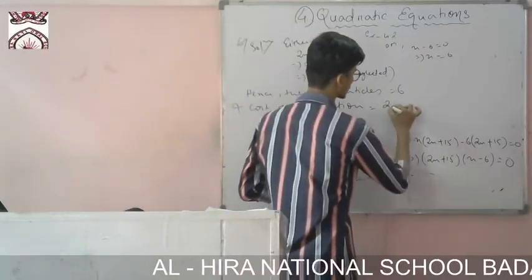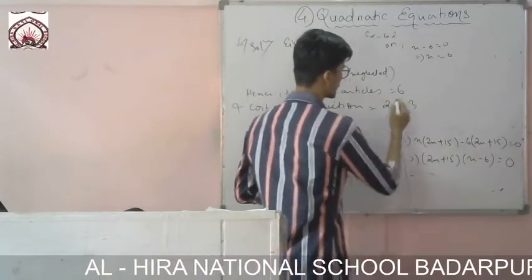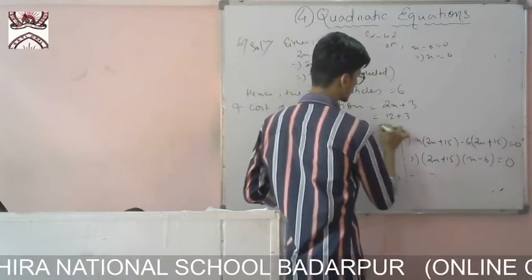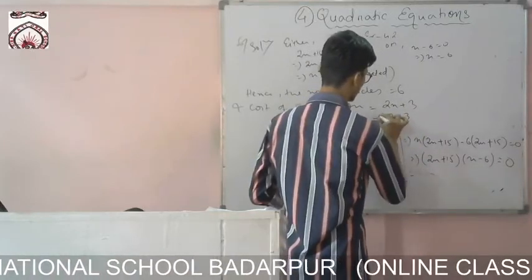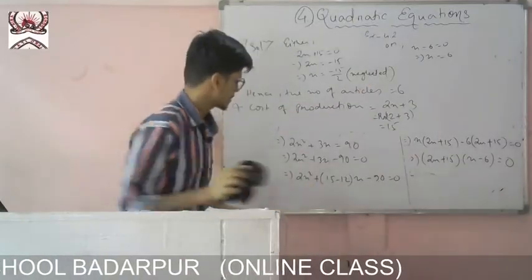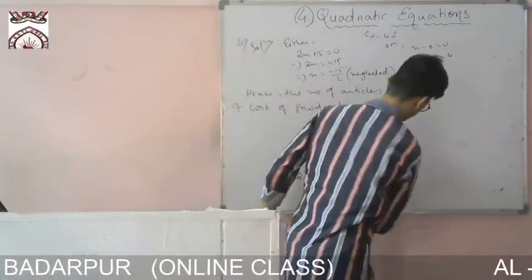It was twice x plus 3. So if I put the value, it will be 12 plus 3, so that is coming 15. Since it is cost, it will be in rupees. So the answer will be rupees 15.